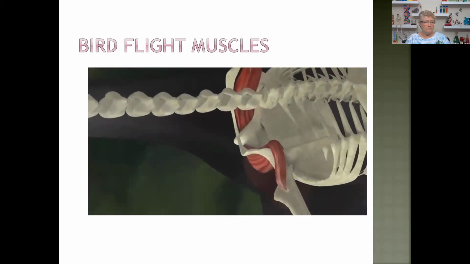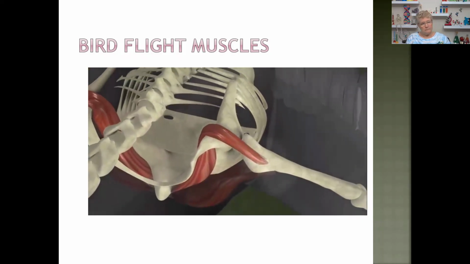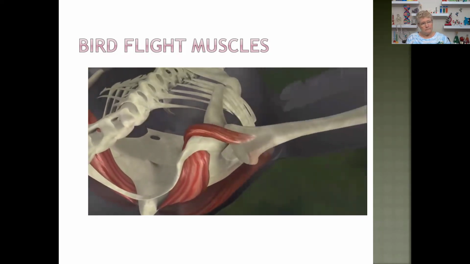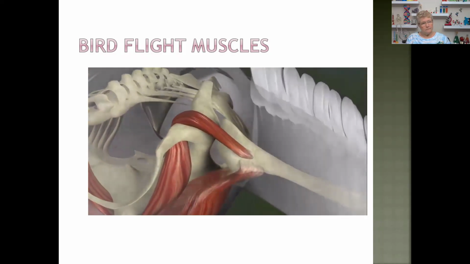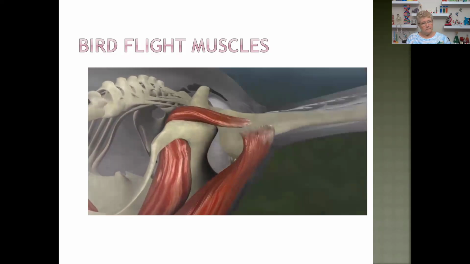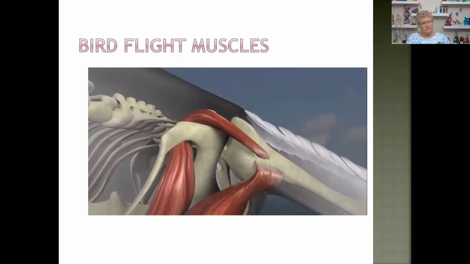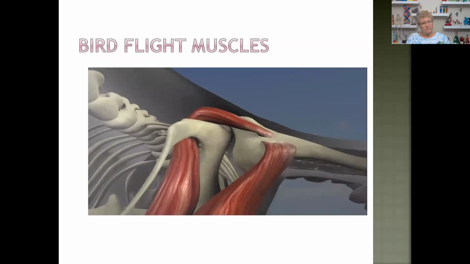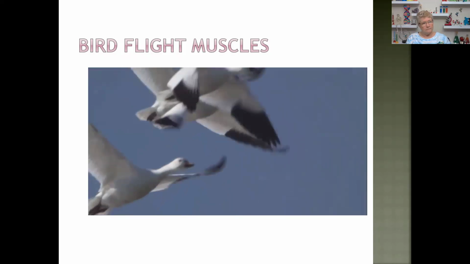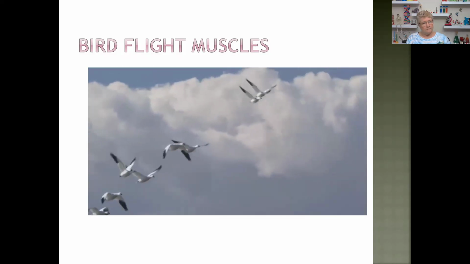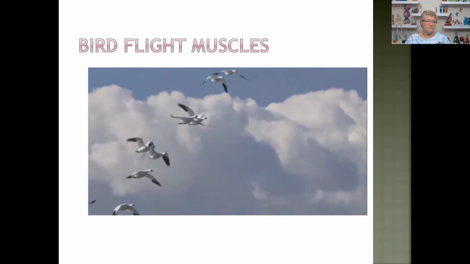In immediate response, the supracoracoideus, connected by a tendon to the top of the humerus, works like a pulley to lift the wing every time the muscle contracts. This is another terrific design because this pulley system eliminates the need for a large, heavy muscle above the shoulder to lift the wing back up. Instead, the flight muscles are all below the wings, where they help create a compact center of gravity that really stabilizes the bird's body in the air.